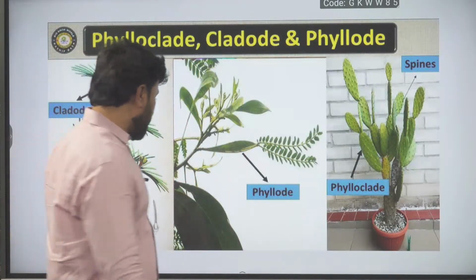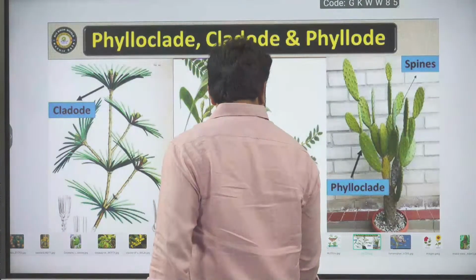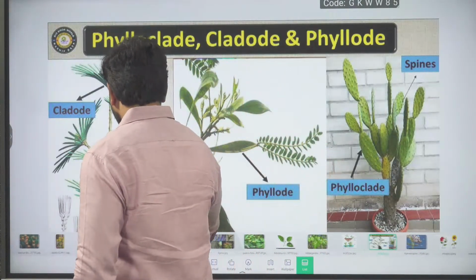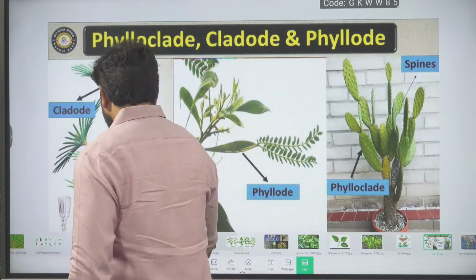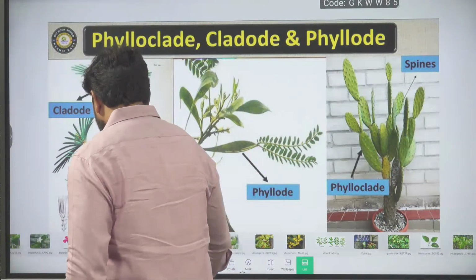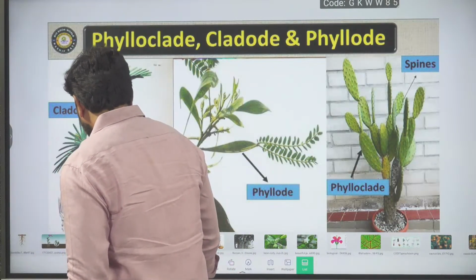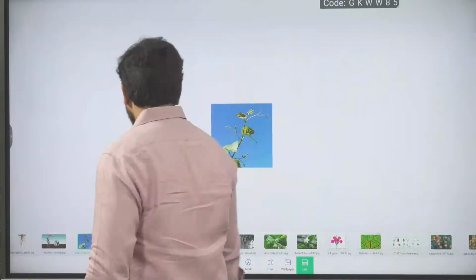Clear? Next one. After this, I wanted to mention something regarding leaves that perform various functions like insectivory and also helping in catching small rodents. And see this.